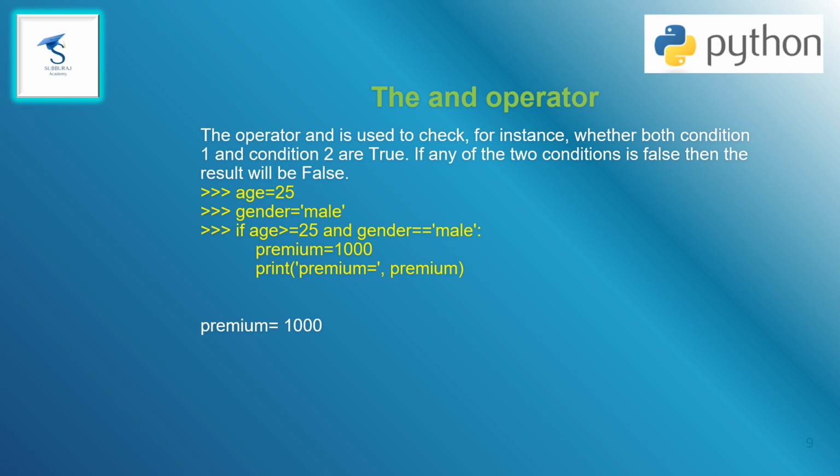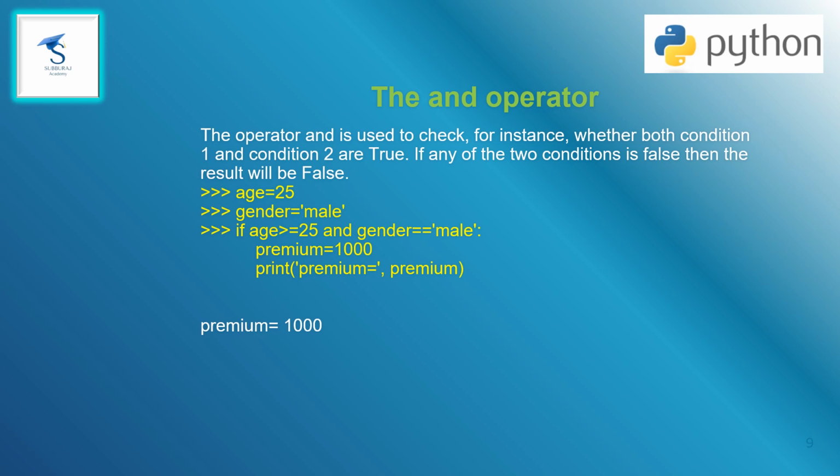So let's take an example. I have assigned 25 to age and male to gender, and here is an if statement: if age is greater than or equal to 25 and gender is equal to male, colon, premium equal to 1000, then print premium.